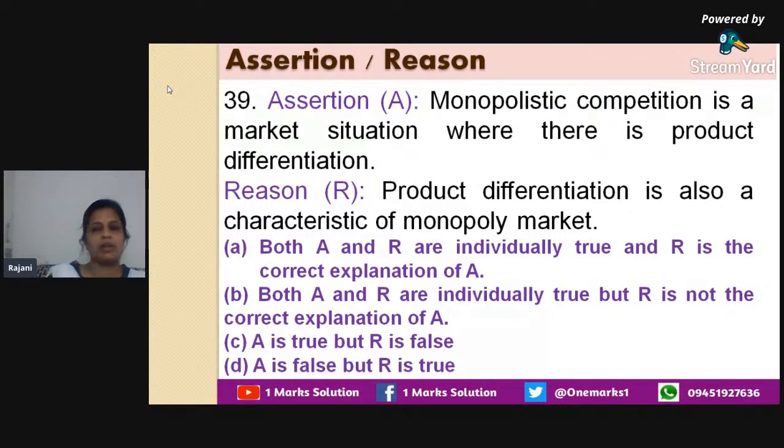Only monopolistic competition is a market situation where there is product differentiation. Definitely we have product differentiation. But coming to the reason part, product differentiation is also a characteristic of monopoly market. Definitely that is not. Assertion is correct, but R is false, as product differentiation is not a characteristic of monopoly market. So A is true, but R is false.